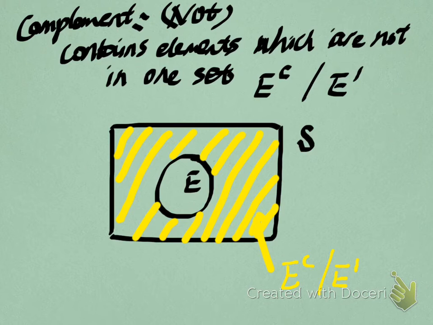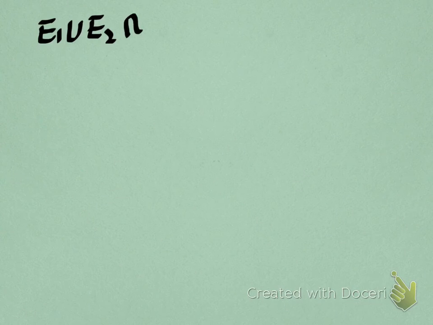And we can also use some parentheses to change the order. So here, if we say E1 union E2, and intersection E3, what does this mean?